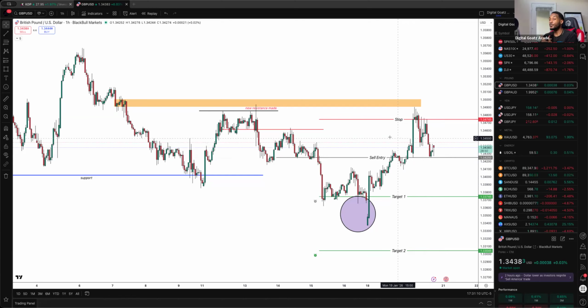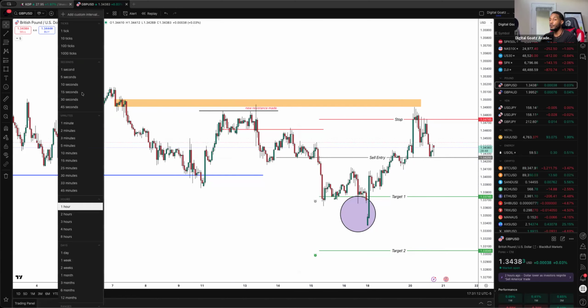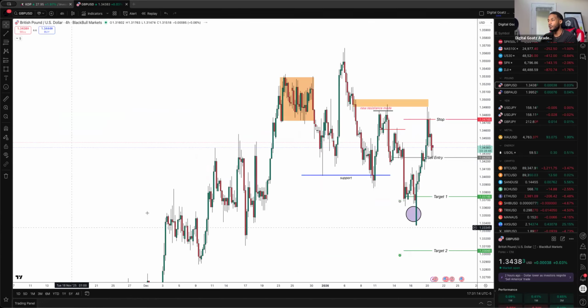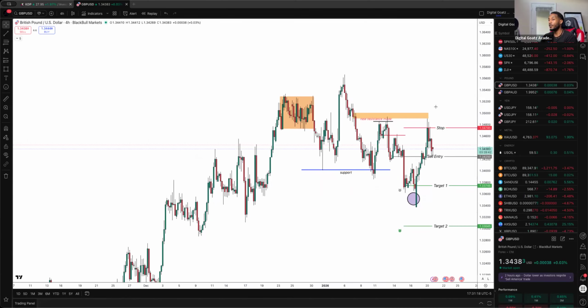So, just based off of this pattern, I'm looking at the British pound against the United States dollar to still sell off. I don't think anything has changed as far as our directional bias. I just think that the way the market is trying to create its selling pattern, it's creating resistance first, and then it's going to do its downtrend. Especially with a move like this, leaving this leftover data.